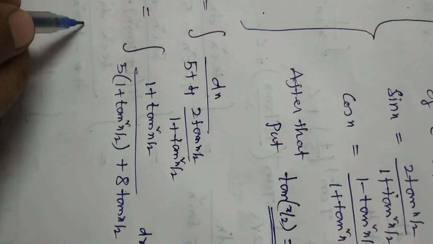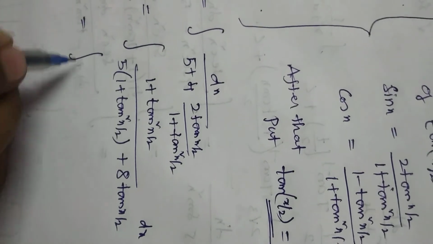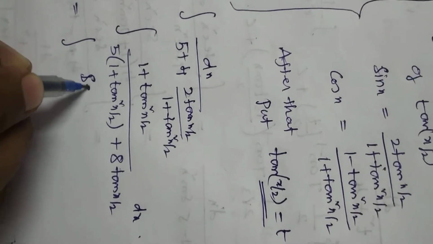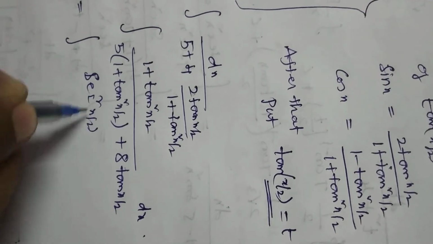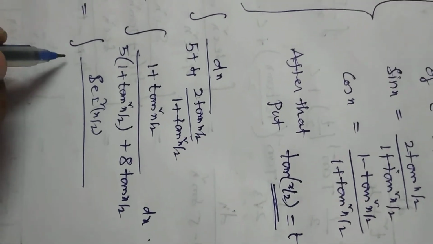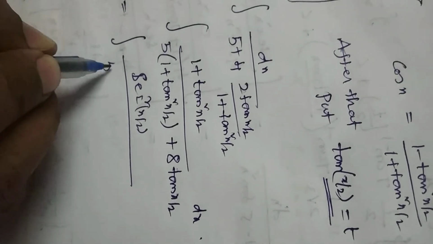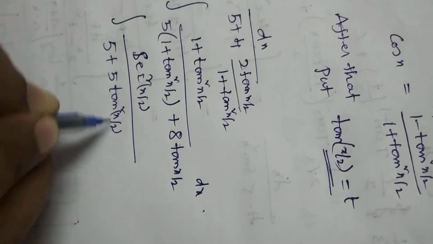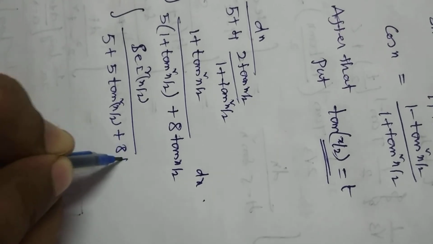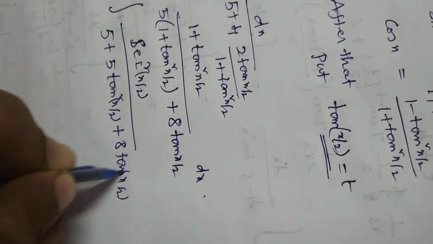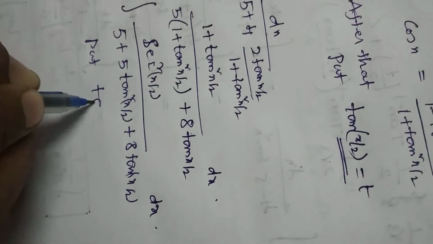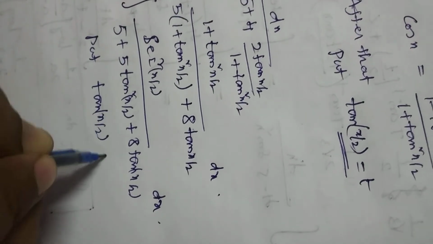On further simplification, 1 plus tan square x by 2 is nothing but secant square x by 2, so this is equal to integration of secant square x by 2 by 5 plus 5 tan square x by 2 plus 8 tan x by 2 dx. Now in this, put tan x by 2 is equal to t.